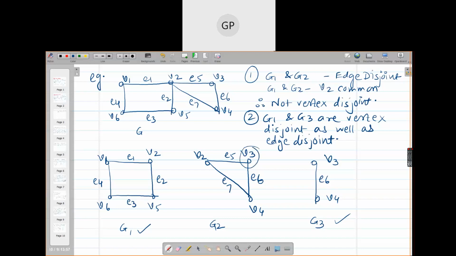V3 is common. They are edge disjoint? G2 and G3, no, they are not edge disjoint also. So G2 and G3 are not disjoint subgraphs. You understand that? Okay.